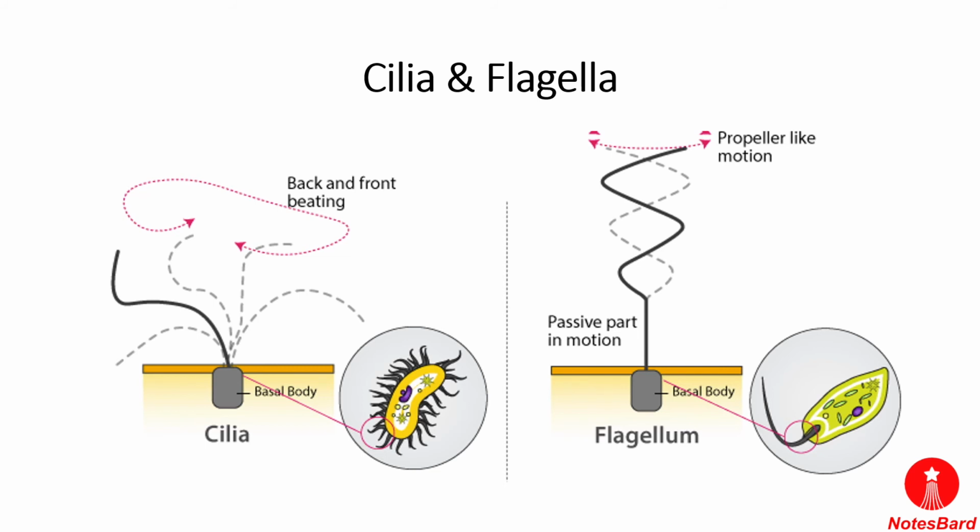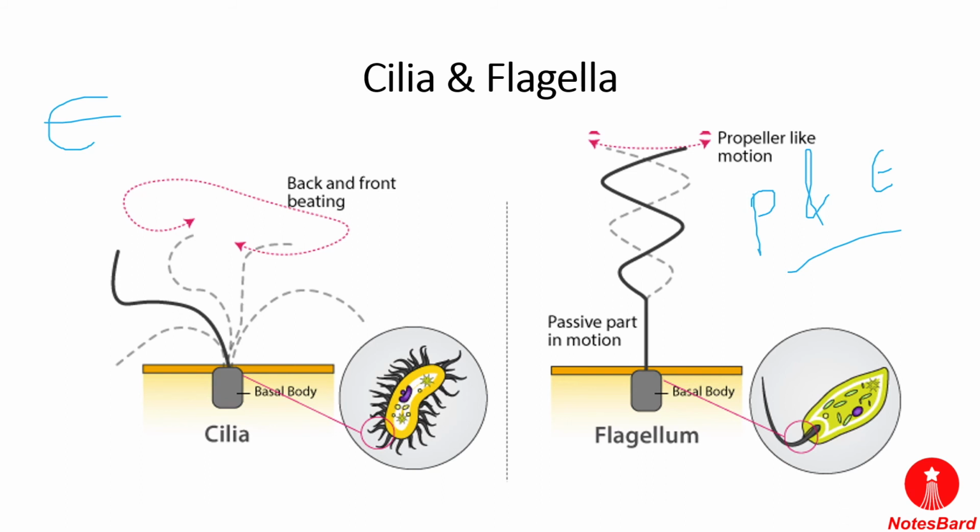Cilia are short hair-like organelles that extend from the surface of a living cell, whereas flagella are long thread-like cell organelles that are present on the surface of a living cell. Cilia are found only in the eukaryotic cells, but flagella are found in the prokaryotic as well as in the eukaryotic cells. So they are present in both the cells.